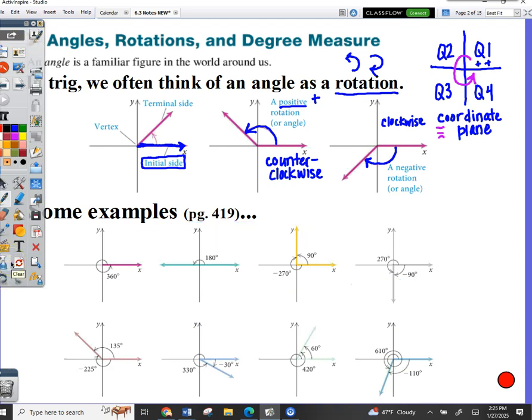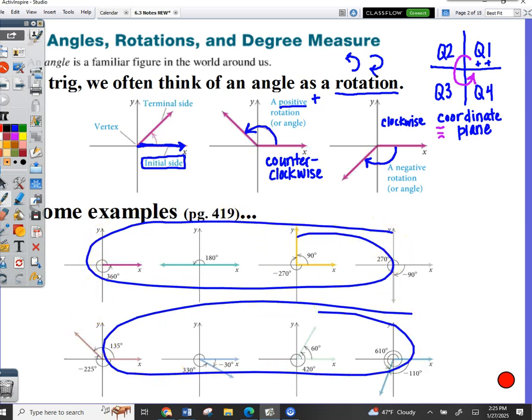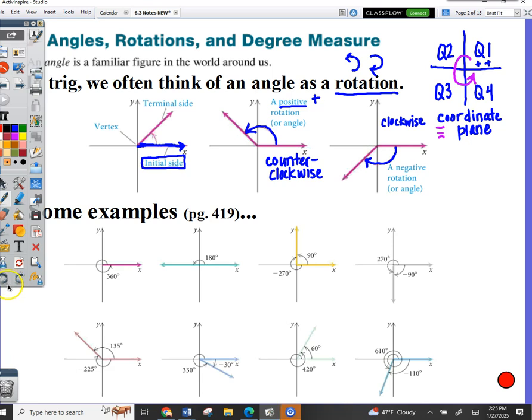Stay with me, don't go to sleep. What do you notice, y'all? These four angles compared to these four. There is a difference. Bottom four get over 360. I'll take it. What else do you notice?